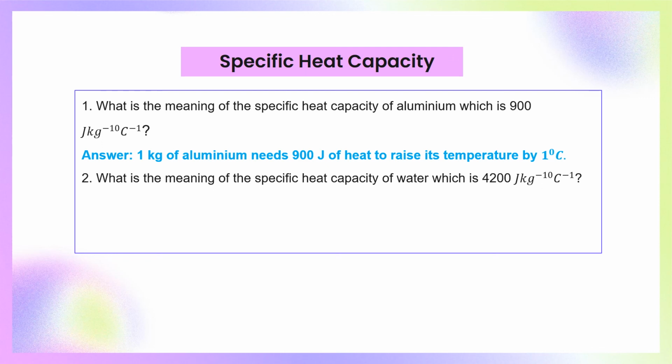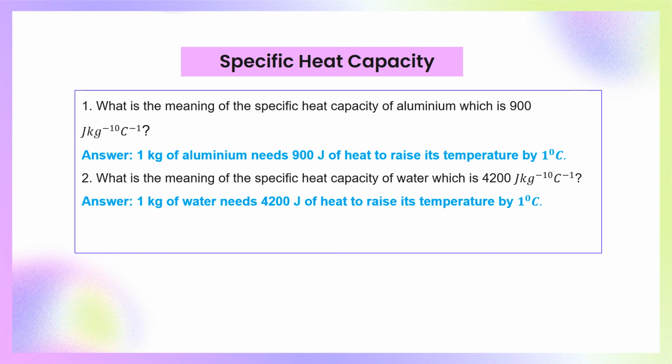So the answer is: 1 kilogram of water needs 4,200 joules of heat to raise its temperature by 1 degree Celsius. So this is how we define the specific heat capacity based on the type of material.